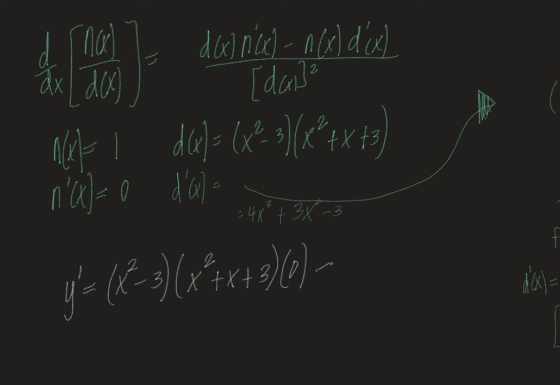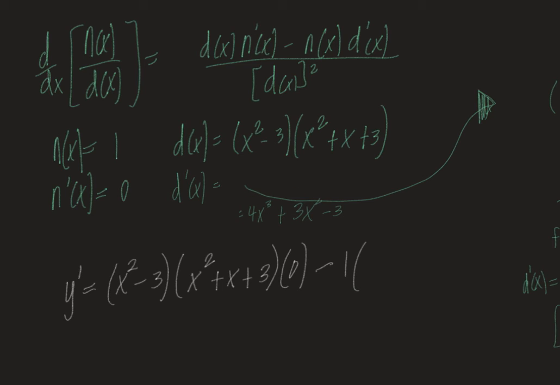So now we say the numerator, which was 1. And that's nice as well because 1 times anything is itself, right? Times the derivative of our denominator, which I had to go off and do in La La Land.